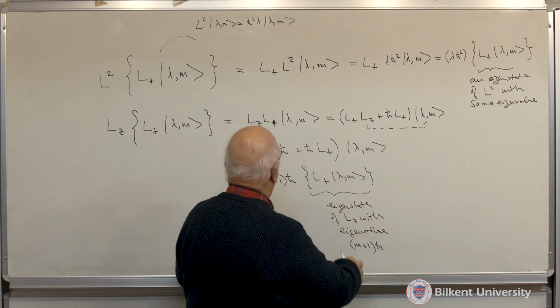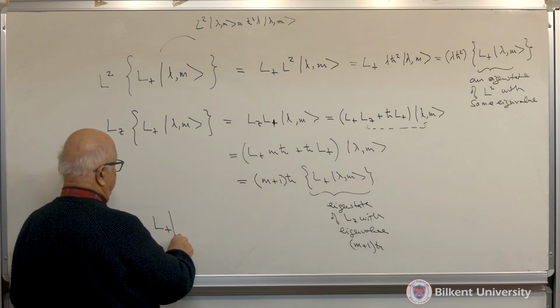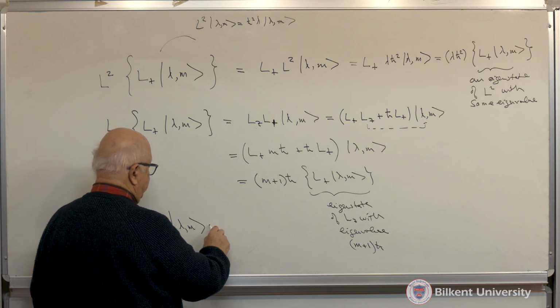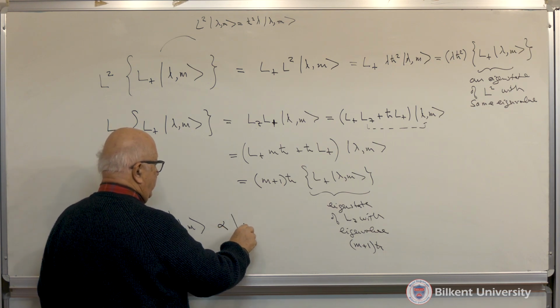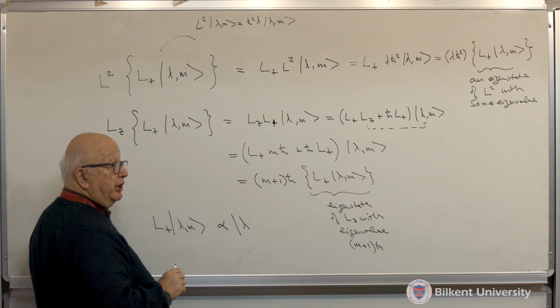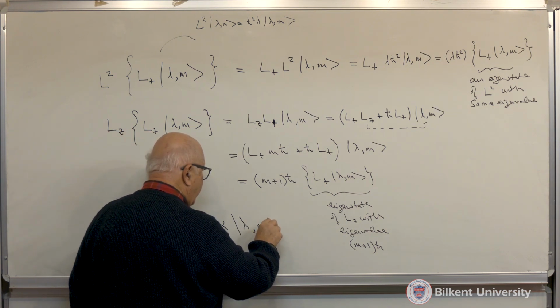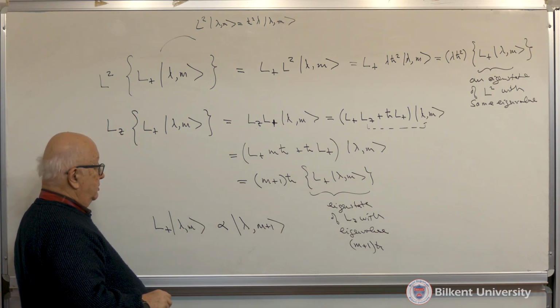So in summary, this says that L plus times lambda m is, I can't say equal to, all I know is that it's proportional to, same lambda, same total angular momentum, but one higher eigenvalue, one higher m value.